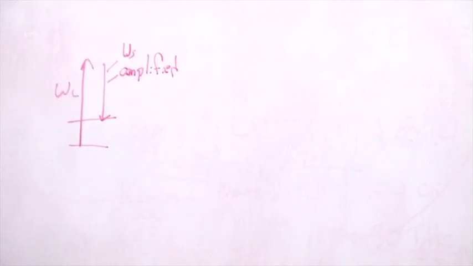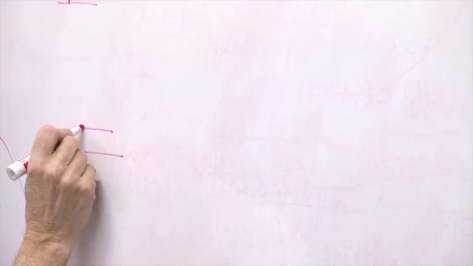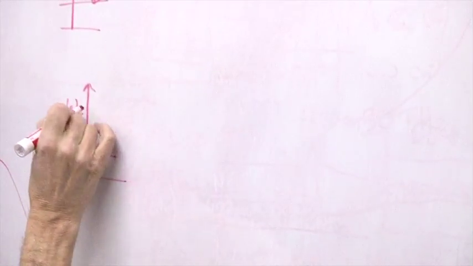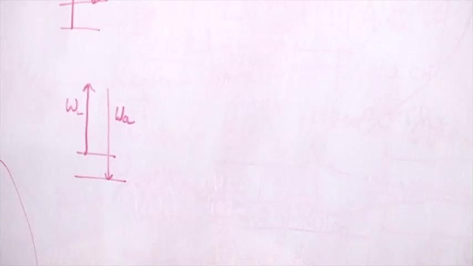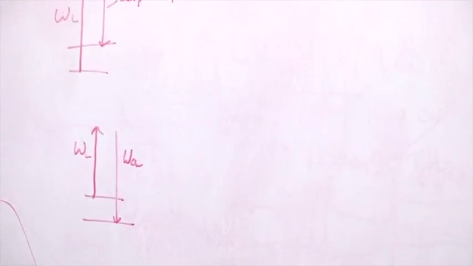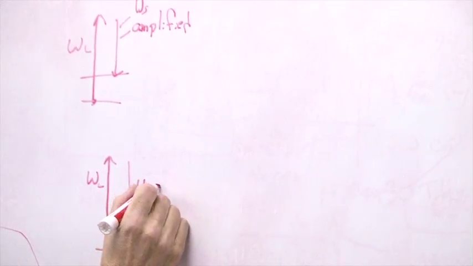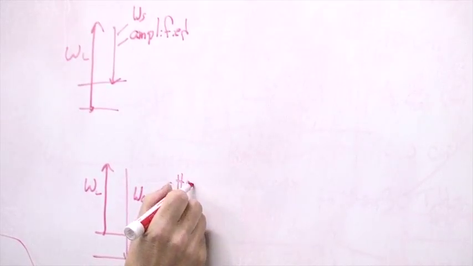But if you do the experiment the other way around, and the population starts here, so here is omega laser, and here is omega anti-Stokes. Here you start here and you end up here, and omega anti-Stokes is actually attenuated.